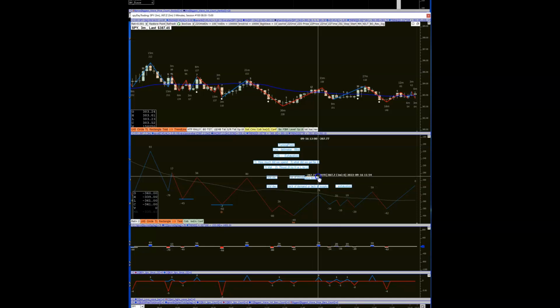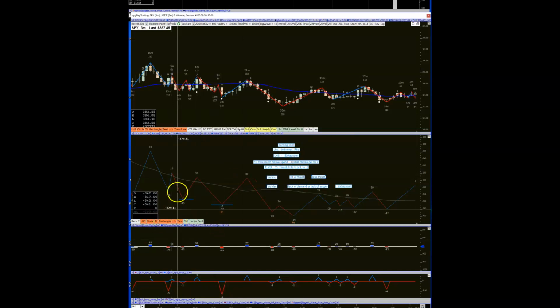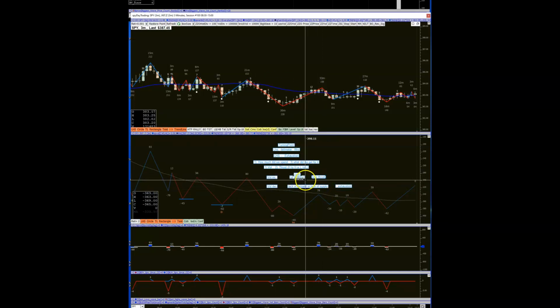The first one is a climax, when it gets overbought or oversold. We'll call this CMX. And the second one, when you don't have a lot of thrust, is your effort reward. But you have a lot of volume, but you don't have a lot of thrust.